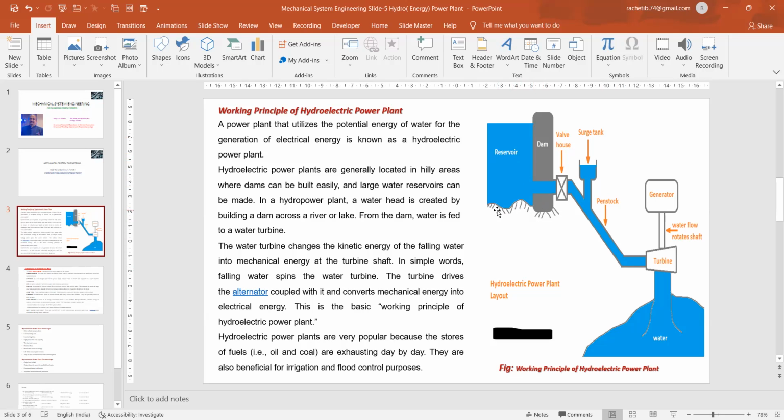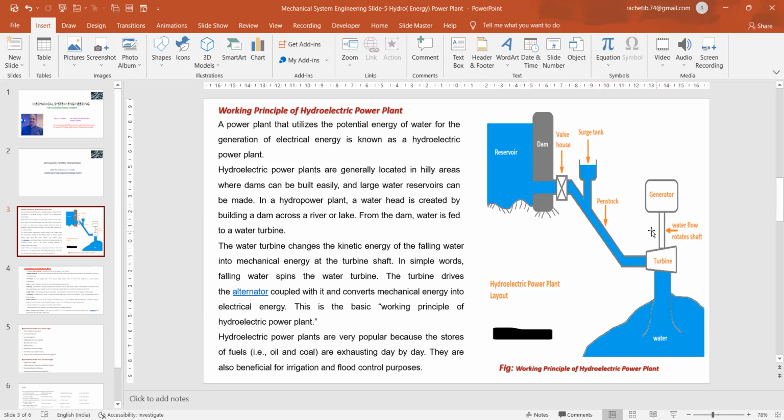When the valve is open, the water rushes due to gravity towards the turbine. What happens then? It is simple: this potential energy of water, that is the head of water, gets converted into kinetic energy due to its speed or motion.